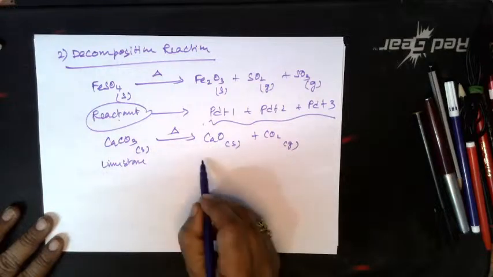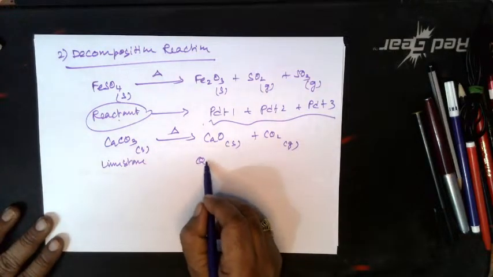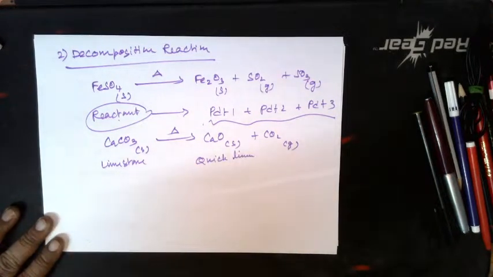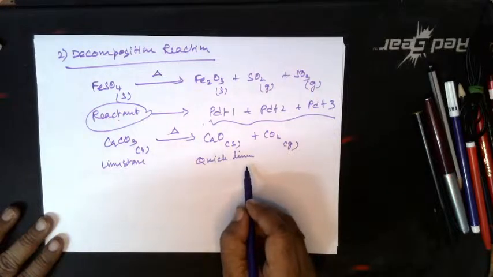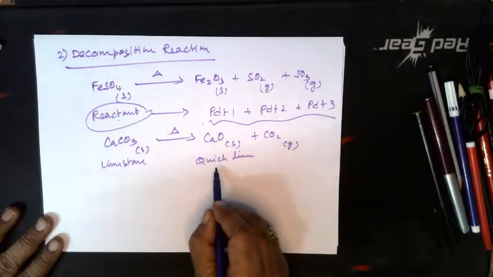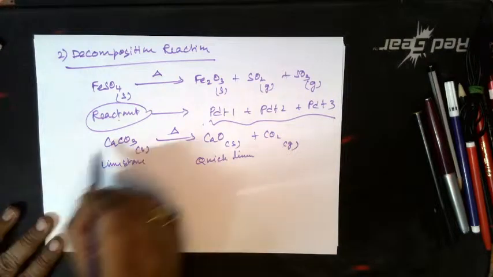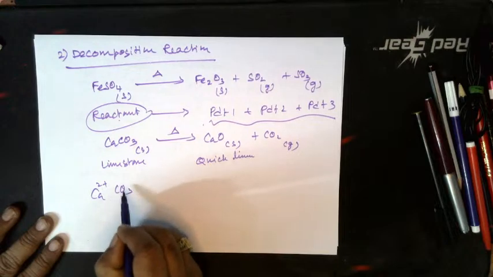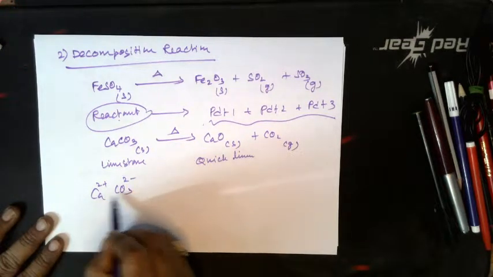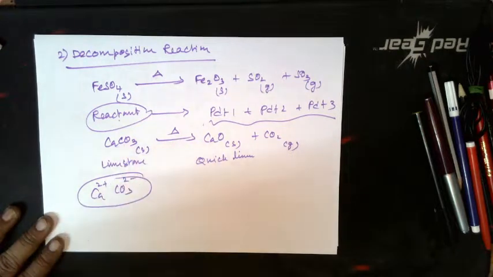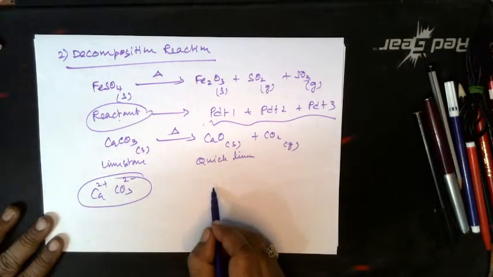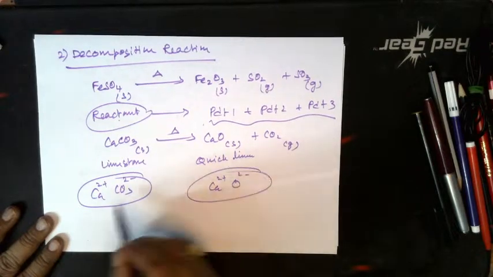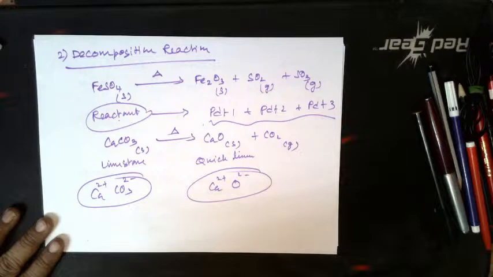And this is quicklime, which is nothing but calcium oxide. You should know the ionic formula also, Ca2+ and CO3 2-. So they combine to form calcium carbonate. And similarly here calcium 2+, oxygen 2-. They combine to form calcium oxide.